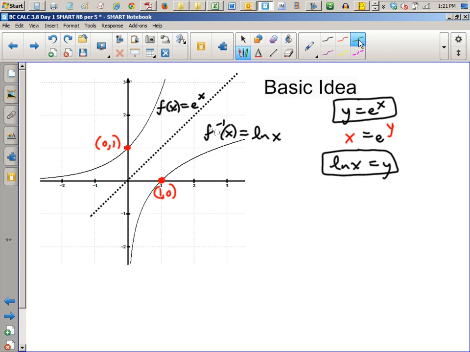If I had you draw a tangent line right here, what do you suppose the slope is? 1. Sure looks like 1. We'll show on Friday that it is 1. What happens if you reflect that over and land at the point 1, 0? What is the slope here?